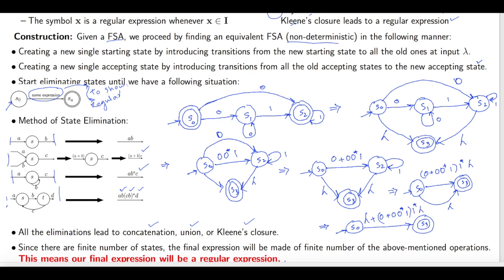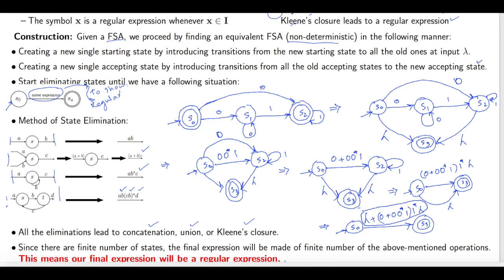Now if you want, you can remove this lambda, because anything concatenated with lambda is that thing, but even if you keep it, it's fine. So this is the expression which is related to this finite state automaton. In other words, this is the language which is accepted by this finite state automaton.